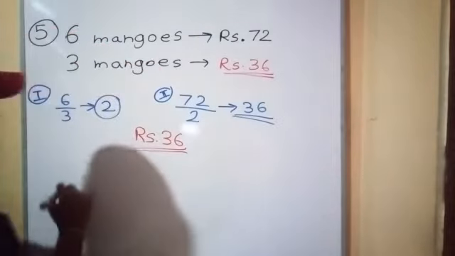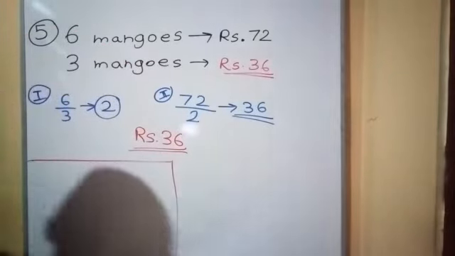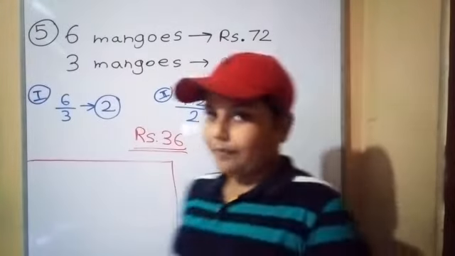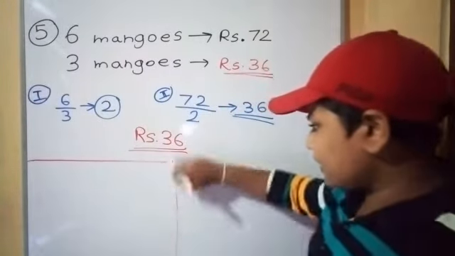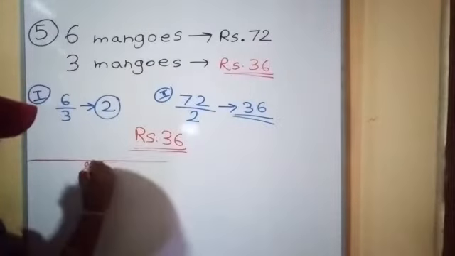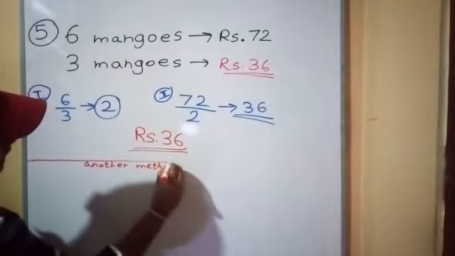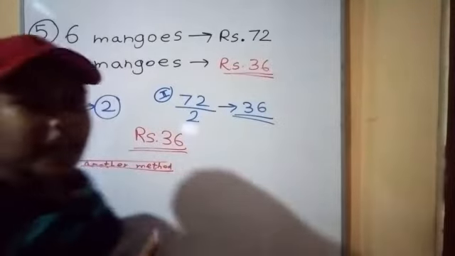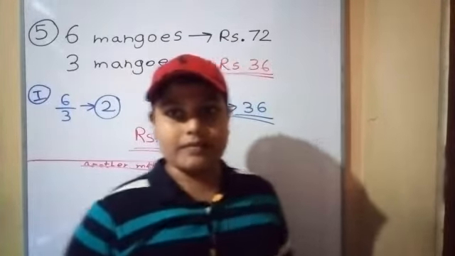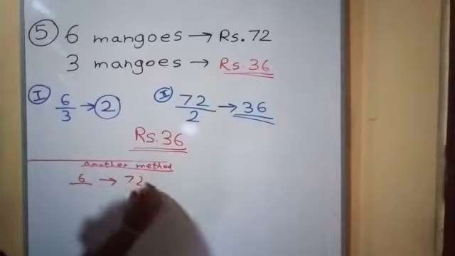There is another method also. What is the other method? The 6 mangoes are 72 rupees, so divide both 6 and 72 by 6.